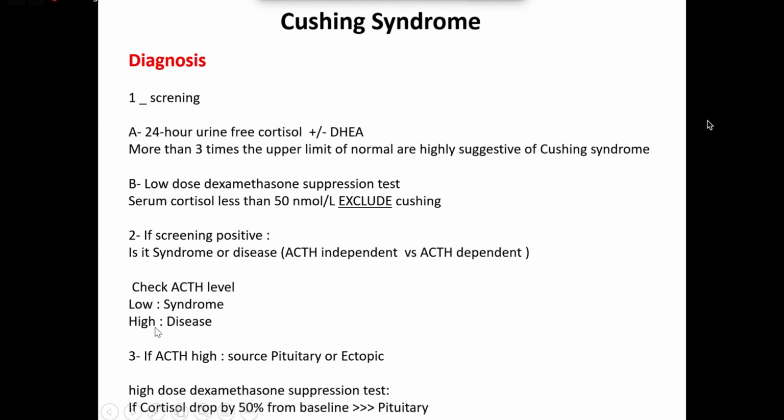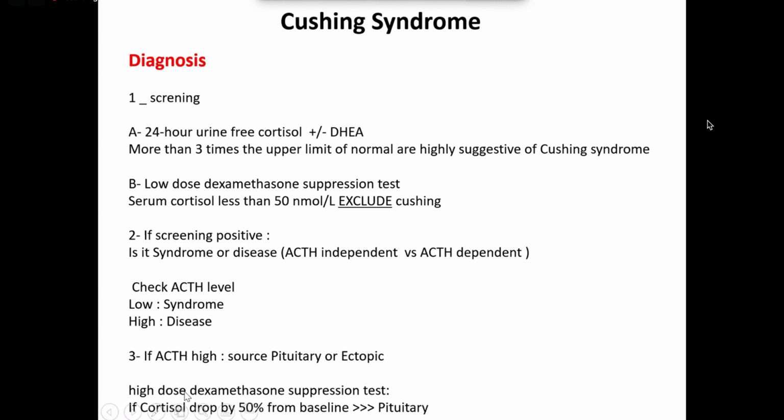If the ACTH is high, we have to know whether the source is pituitary or ectopic. In this case, we have to order the high dose dexamethasone suppression test. We do the baseline cortisol, and we give the patient 8 milligrams of dexamethasone at night, and in the morning we check the cortisol level.